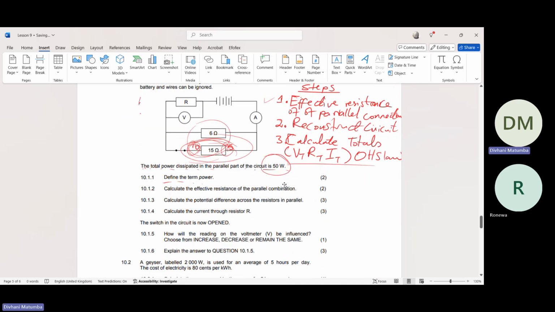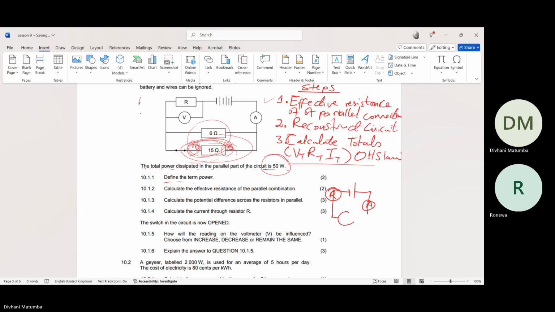And the steps also. The second step says we must reconstruct. Great. This is what we have. We have R, that's R. We also have that's A, fine.